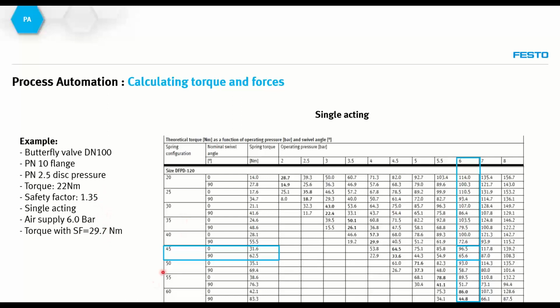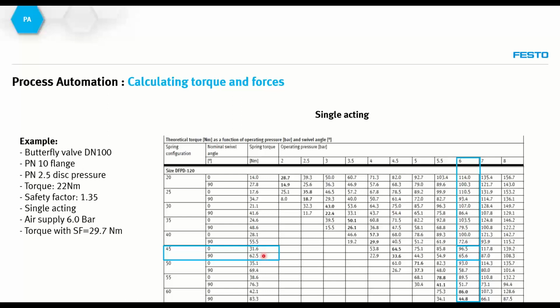In the single acting actuator, we have to look into two points. The first point is the spring torque available. The main idea behind using a single acting actuator is safety. In case of pressure failure, or if we want to stop the signal, the springs are able to operate the process valve.